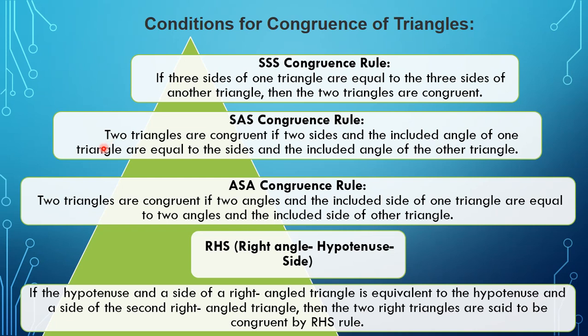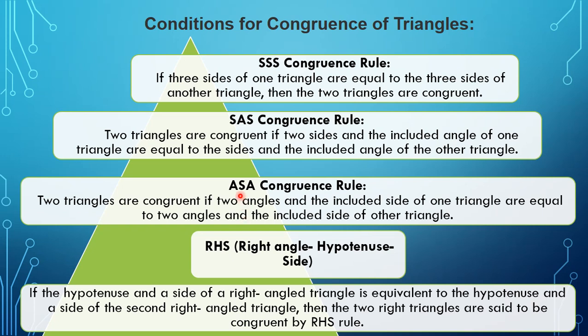It says two triangles are congruent if two sides and the included angle of one triangle are equal to two sides and the included angle of the other triangle. The included angle is the angle in between these two sides, or we can say the common vertex of these two sides.